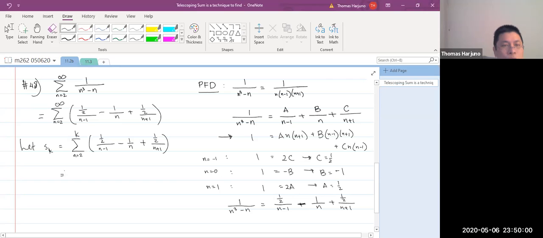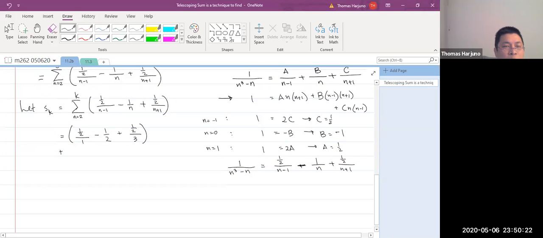Which is equal to, if I write it out, when N equals 2, I get 1/2 over 1 minus 1 over 2 plus 1/2 over 3. When N equals 3, that will be 1/2 over 2 minus 1/3 plus 1/2 over 4.